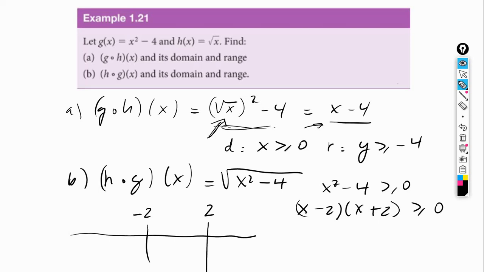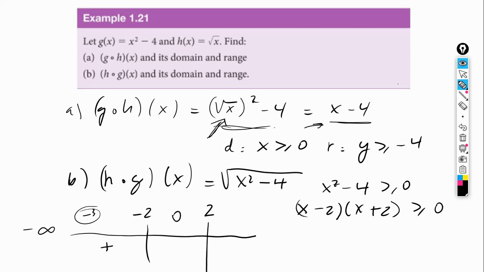So what happens when we have a number that is lower than -2, right? Because we have to consider what happens between -infinity and -2. We can just plug in -3 or anything that is lower than -2. Notice that if we plug in -3, we're going to get 9 minus 4, and that's square root of 5, a positive value. So what happens between -2 and 2? Let's plug in a value between these, like 0.